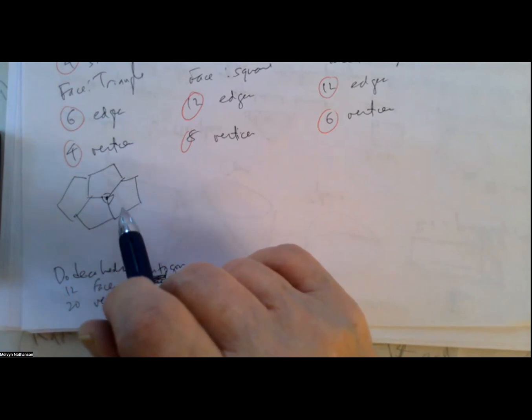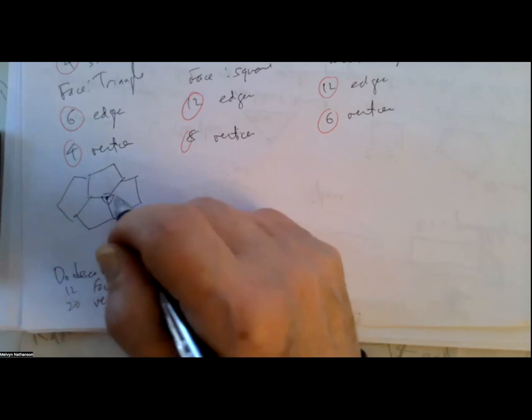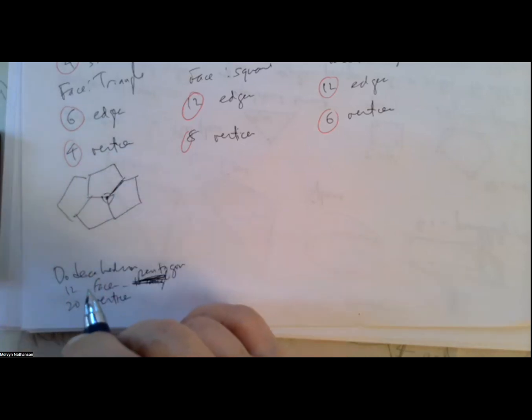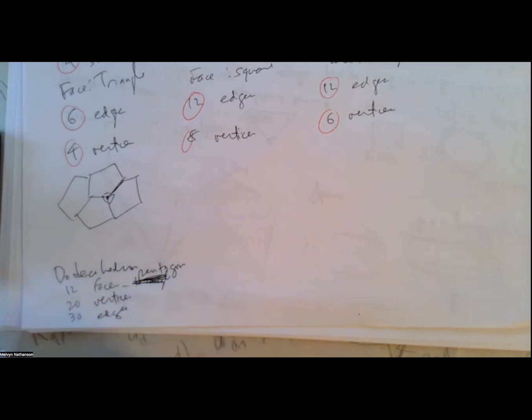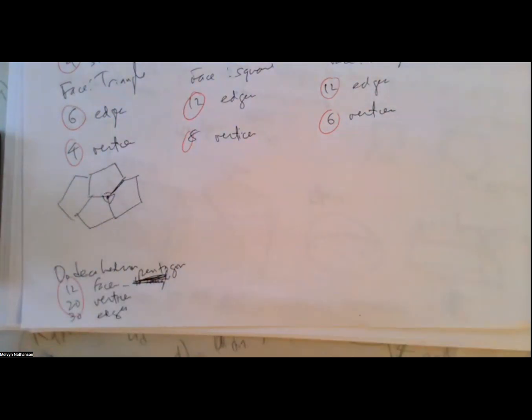Similarly, if you have 12 faces and each is a pentagon, each face has 5 edges. So you have 5 times 12, you have 60 edges, but they come together in pairs. So when you look at the dodecahedron, you have 30 edges. So this is something you have to think about a bit.